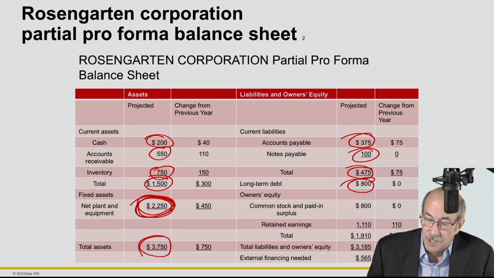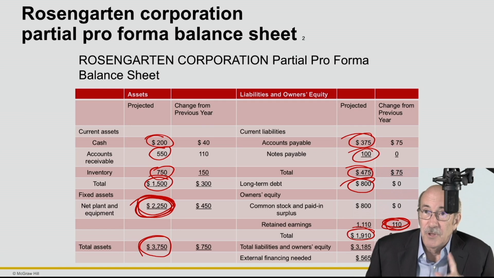That's $800. And we also have the equity side to deal with. That goes up spontaneously by 110. And remember, that 110 is the amount we did not pay out in the form of dividends, right? But everything else remains the same.